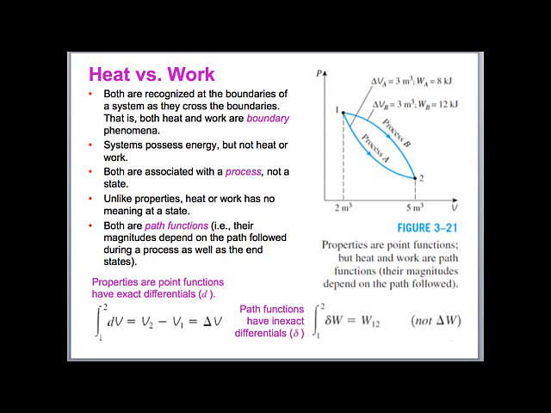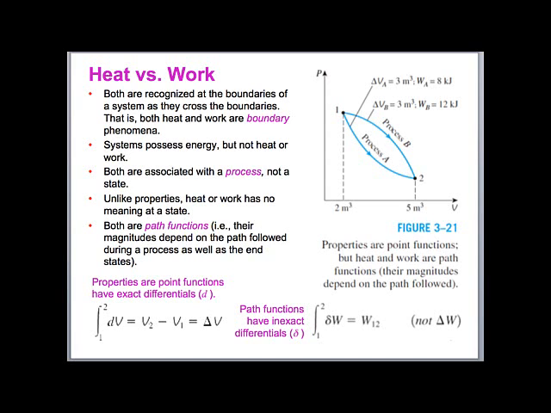Here at point 1, we know the pressure and we know the volume of that system under that condition. So those are point functions, and we express those in terms of a differential, using an exact differential. For those of you who've had calculus, you're familiar with this. The differential is expressed by using a lowercase d.